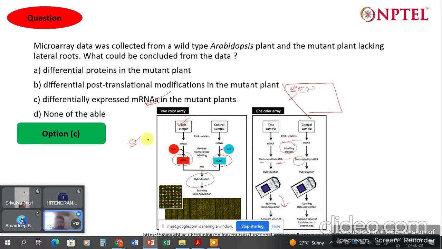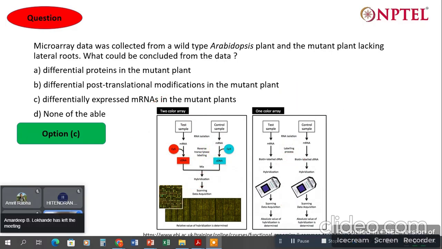And if a well gives a blue or green color, that means that the control sample is more in this well, so the transcript level or the mRNA that we are looking for is higher there. If both the wells express an equal amount of both DNAs, the mixed color made after the combination of these two colors will be formed, and I think that will yield a yellow color. So that will give us the idea that the RNA is being expressed in both the samples.